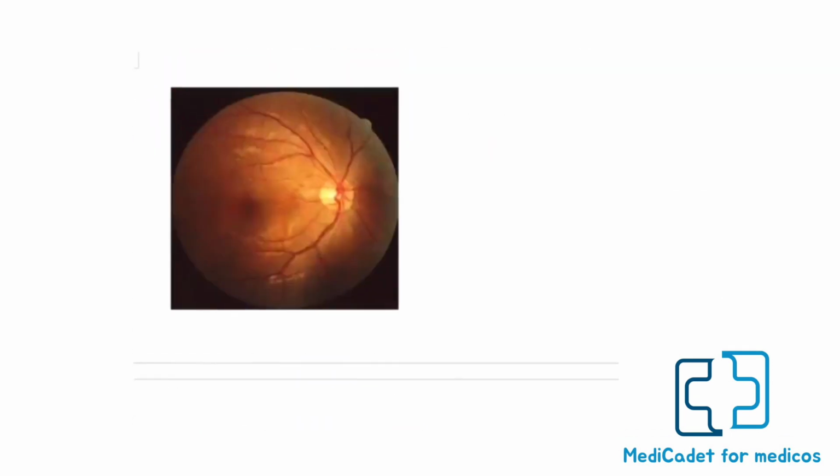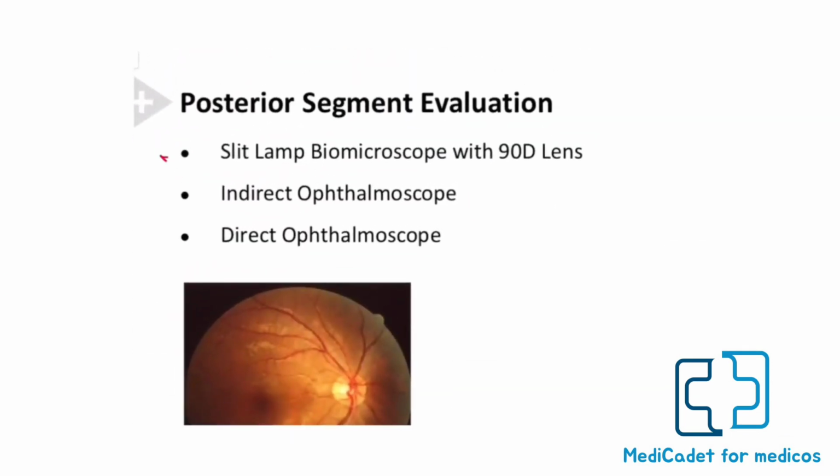So for posterior segment evaluation, one option is that you make the patient sit at the slit lamp and you place a 90 diopter lens in front of the patient's eye. The patient was anyway sitting at the slit lamp because I was evaluating the anterior segment. You just pick up this 90 lens, place it in front of the eye, and you will get a view of the posterior segment.